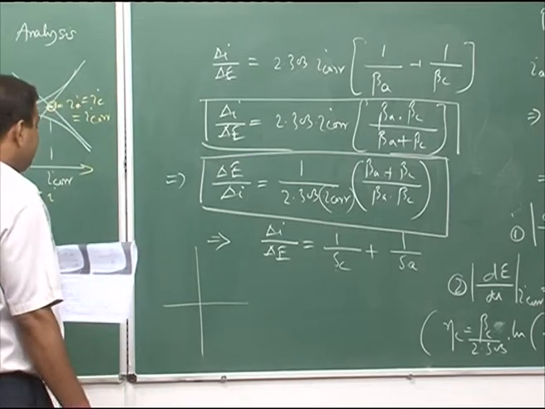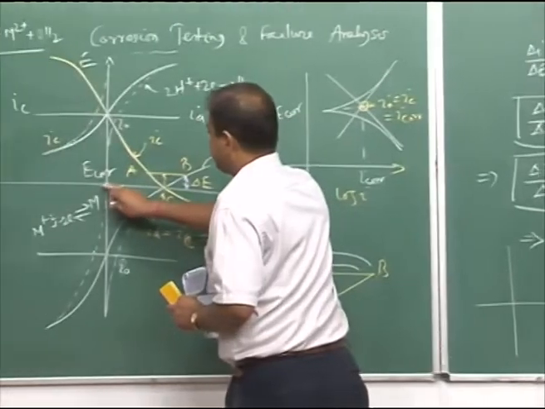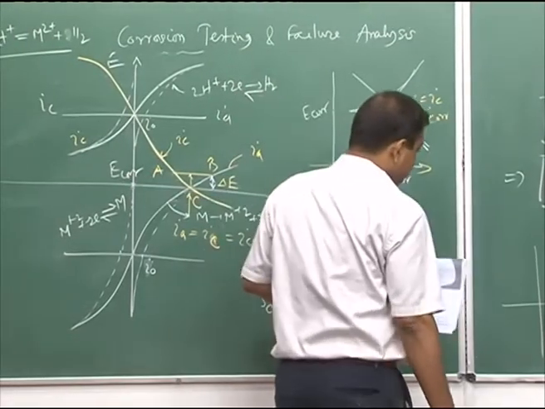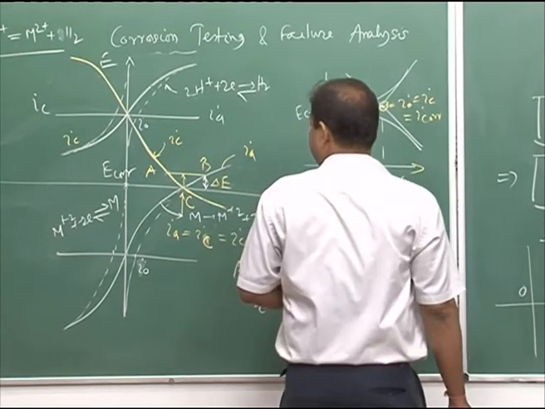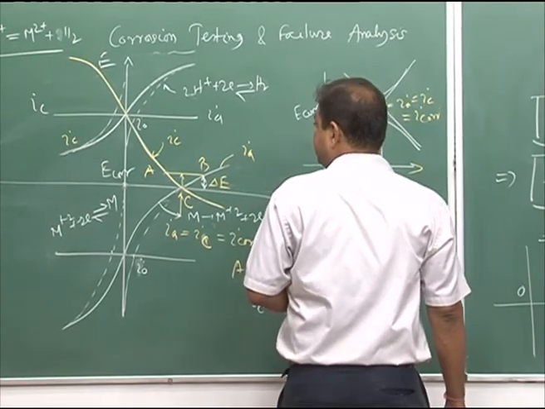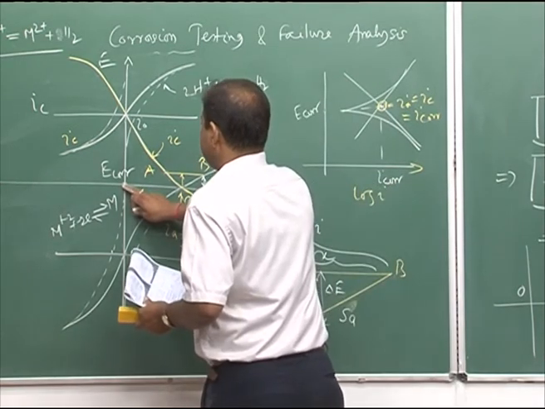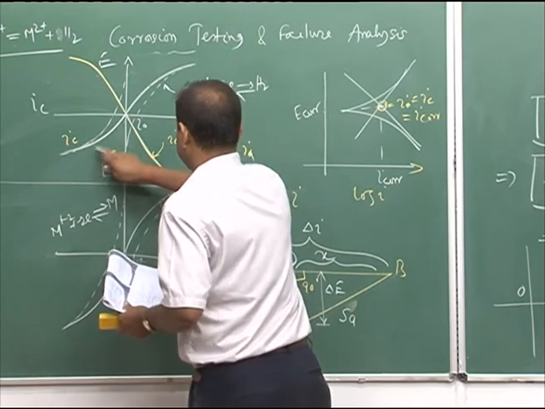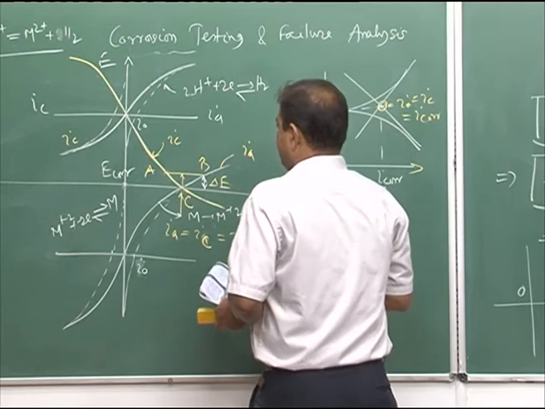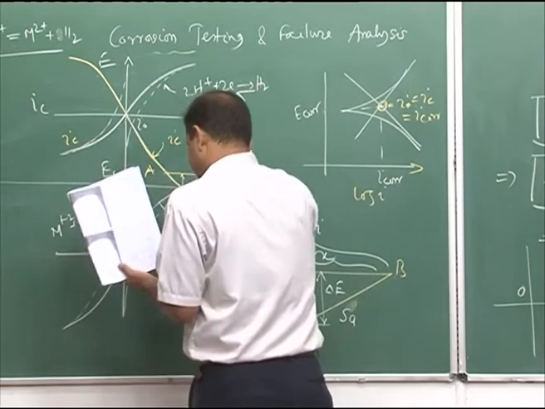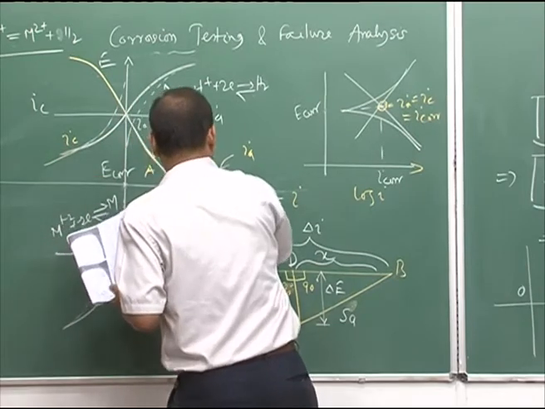And what would be the experimental plot? So, we are basically plotting from this point onwards. So, actually this is my 0 over voltage, and if we would like to find out the experimental plot, then at this point we have to find out the difference between this line and this line.